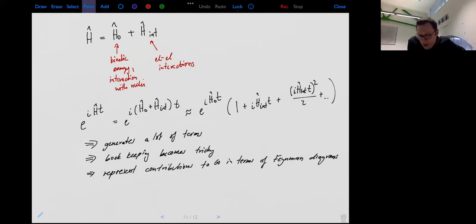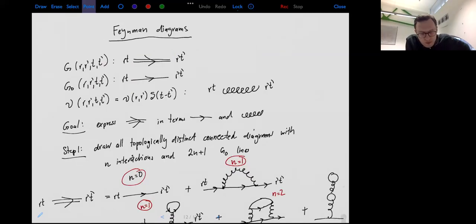And that is the reason why Richard Feynman came up with a graphical representation of these terms, which are known as Feynman diagrams.